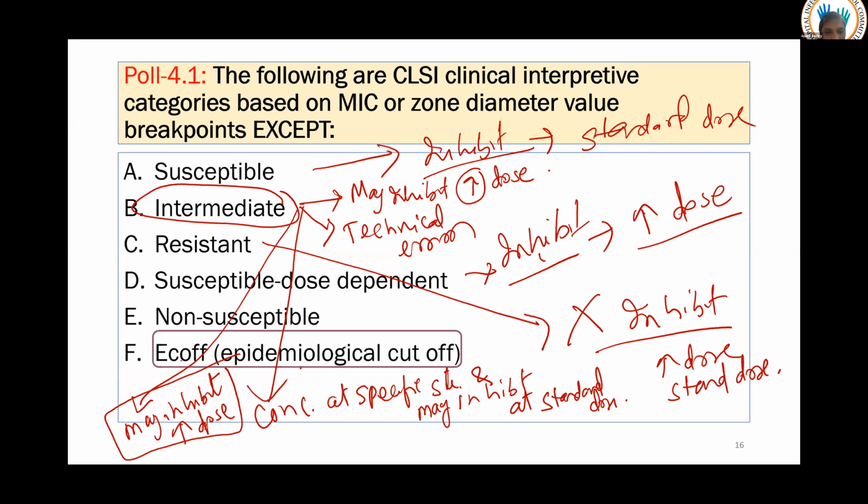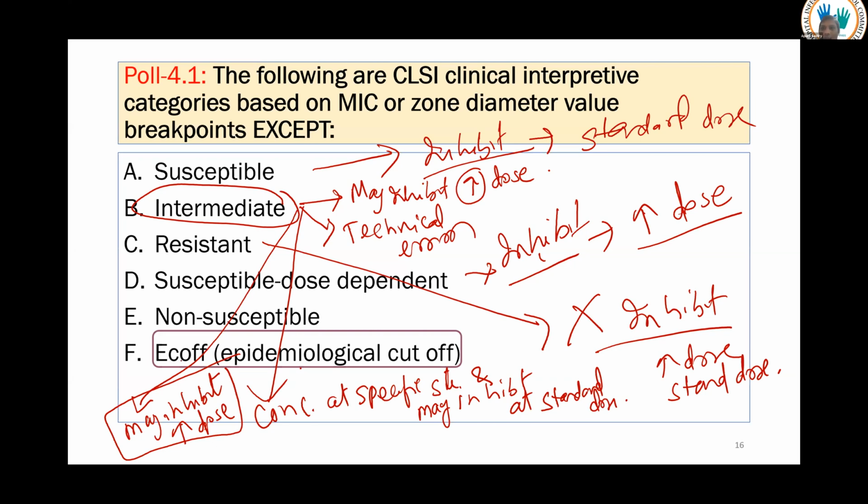So can you tell me now the difference between SDD, that is susceptible dose dependent, and intermediate. What is susceptible dose dependent? What is intermediate? I have given you the differences, but still I want to know whether it is clear or not. So in case of SDD, if we increase the dose, there is a guarantee that the drug will work.